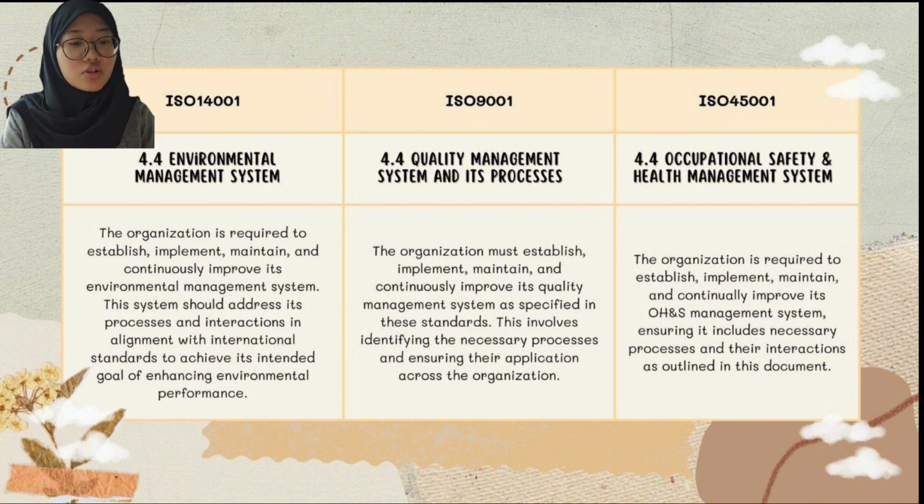For QMS, the organization must establish, implement, maintain, and continuously improve its quality management system as specified in the standard. So this involves identifying the necessary process and ensuring their application across the organization. As for OSH, the organization is required to establish, implement, maintain, and continually improve the OHS management system to ensure the necessary process and the interaction outline is documented.